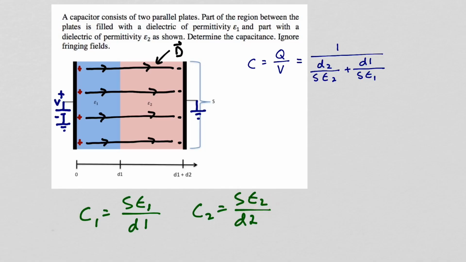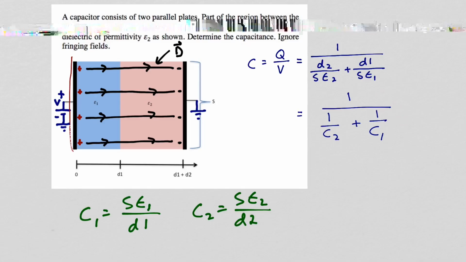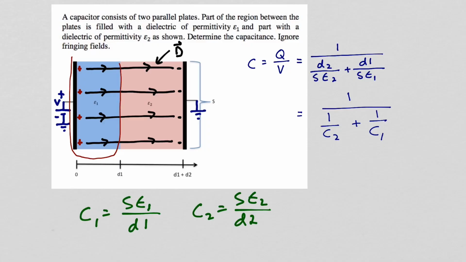So this term is 1 over C sub 2, and this term is 1 over C sub 1. So the capacitance of this structure is the same as that of two capacitors in series, where one of the capacitors would be associated with this region right here, that's C sub 1, and the other capacitor would be associated with this region right here, that's C sub 2.